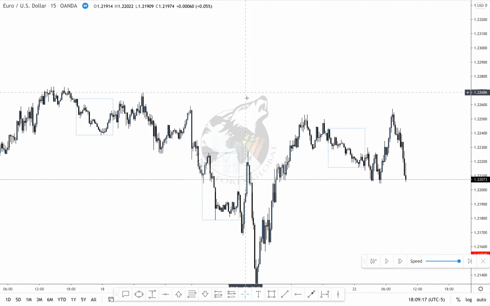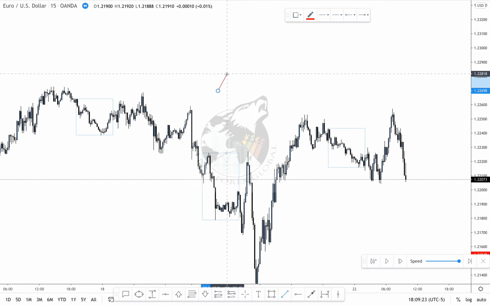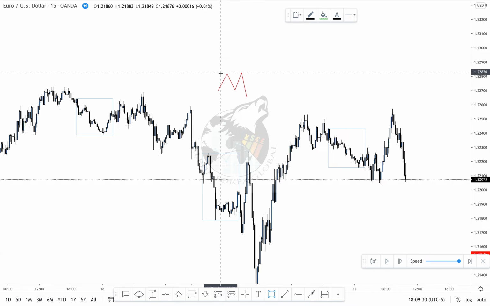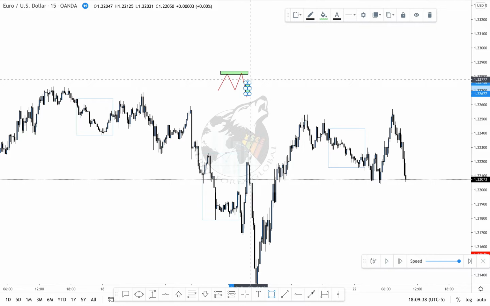Say for instance the market is here, so this is equal highs, right? And there is liquidity above the equal highs, right? And say the market should push up and take out this liquidity.